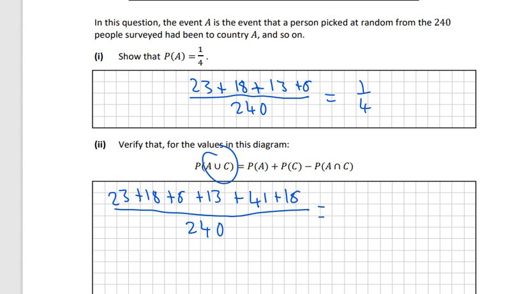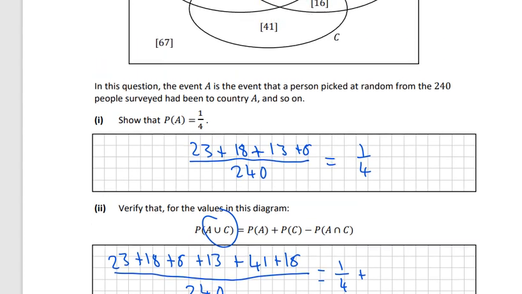And we're going to let it be equal to the probability of A. The probability of A is 1 over 4. We found that already up above. Probability of C then is all of the things in C added together, all over 240.